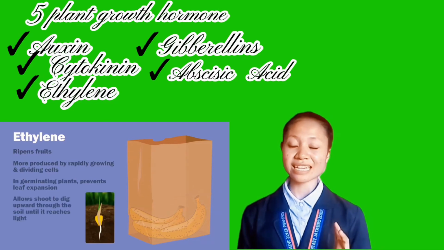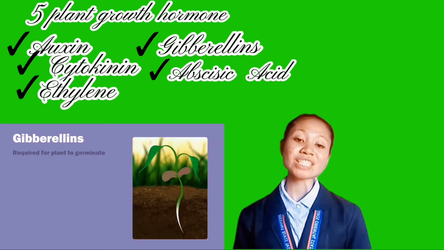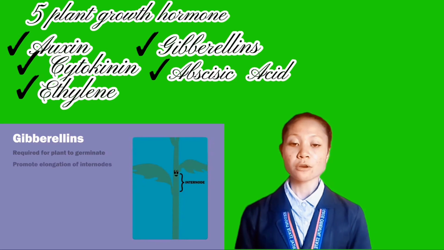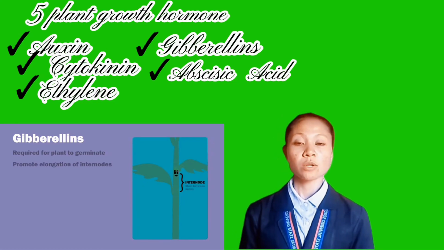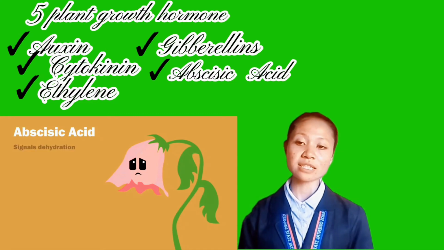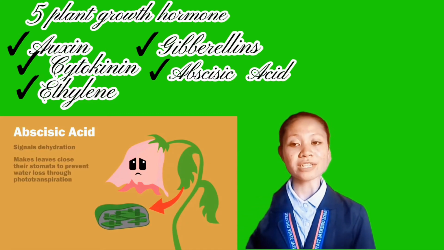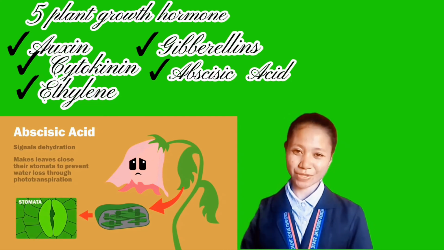So the next, which is the gibberellins, produced in stems, roots, and young leaves. They are responsible for internode elongation. So lastly, which is the abscisic acid. So abscisic acid is found in seeds, a hormone which inhibits growth.